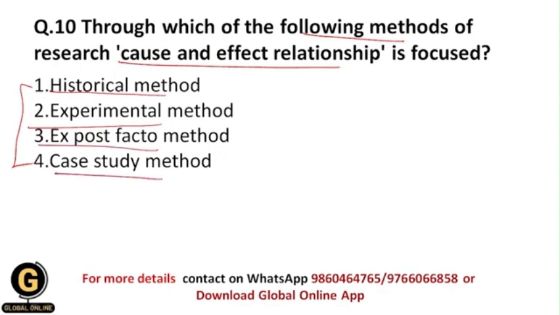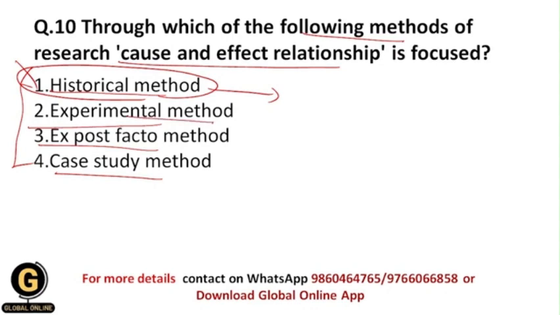Students, all of you understood that in the historical method we study past events and predict our future and present based upon them, and there is no cause and effect relationship that we study. That's why this option is eliminated.